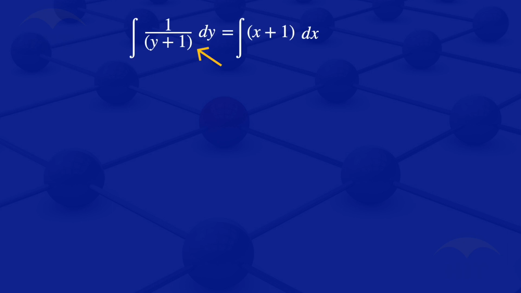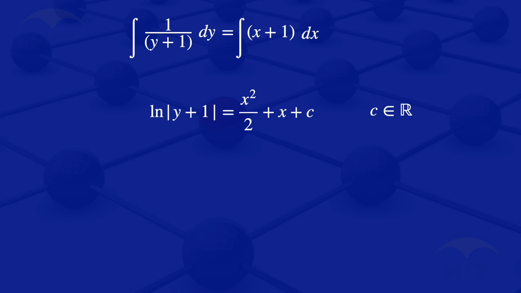Now looking at the integral on the left, the integral of 1 divided by y plus 1 gives us ln of the absolute value of y plus 1. Then the integral on the right will give us x squared over 2 plus x, then plus the constant of integration. So the result is ln of the absolute value of y plus 1 is equal to x squared divided by 2 plus x plus c, where c is a constant.